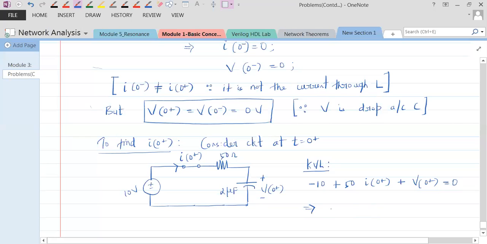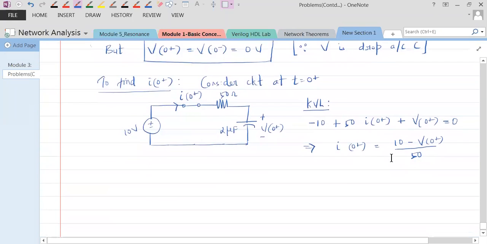This implies that I of 0 plus would be 10 minus V of 0 plus divided by 50. So substituting V of 0 plus is 0, right?